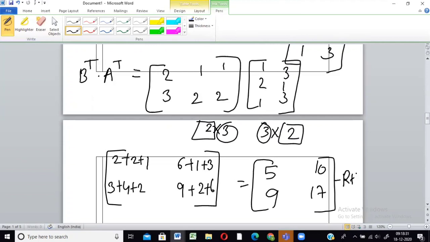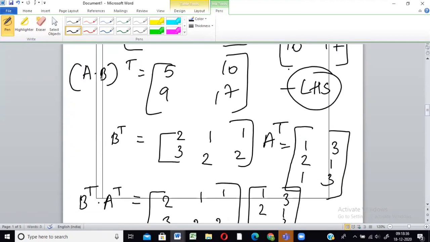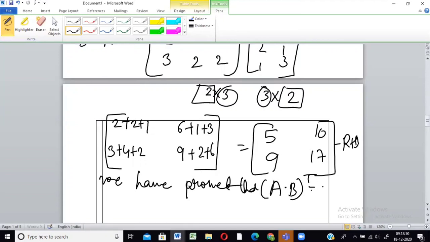Of course, this is your RHS. So earlier we got the LHS as 5, 10, 9, 17. Here also 5, 10, 9, 17. So therefore, we have proved that (A into B) transpose is equal to B transpose into A transpose.